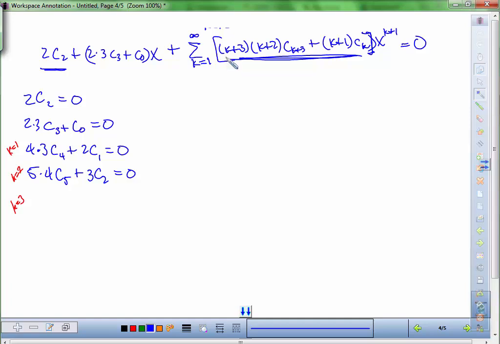And then when k is equal to 3, this is going to be 6 times 5, c6, plus, k is equal to 3, this is going to be 4 c3.